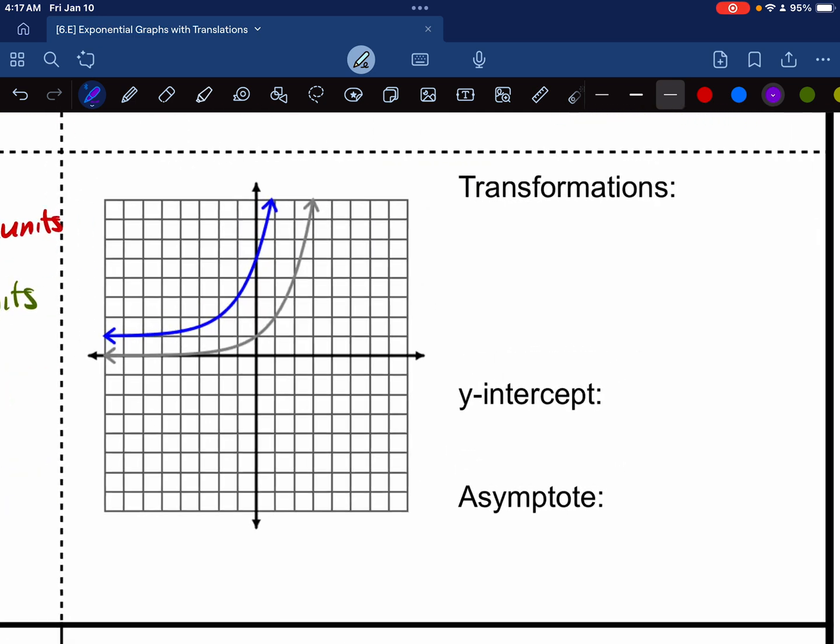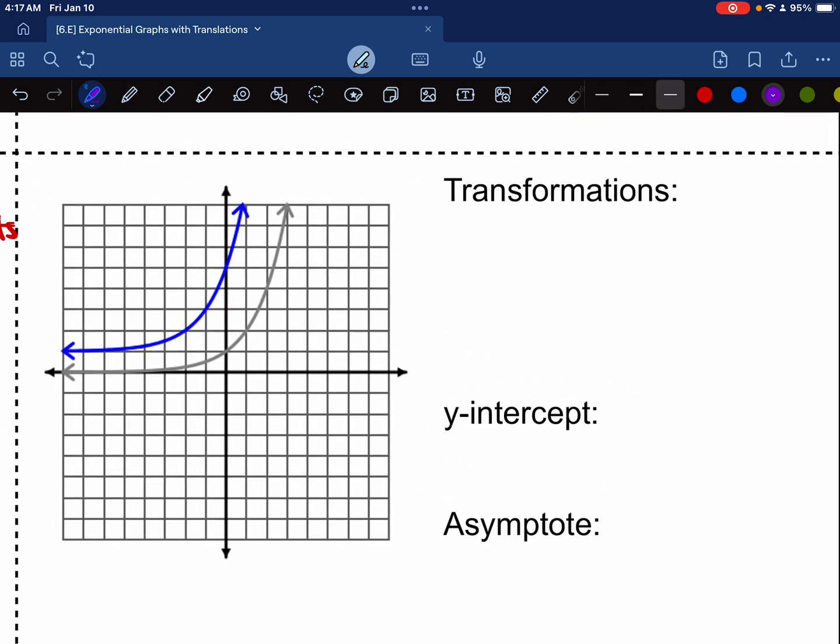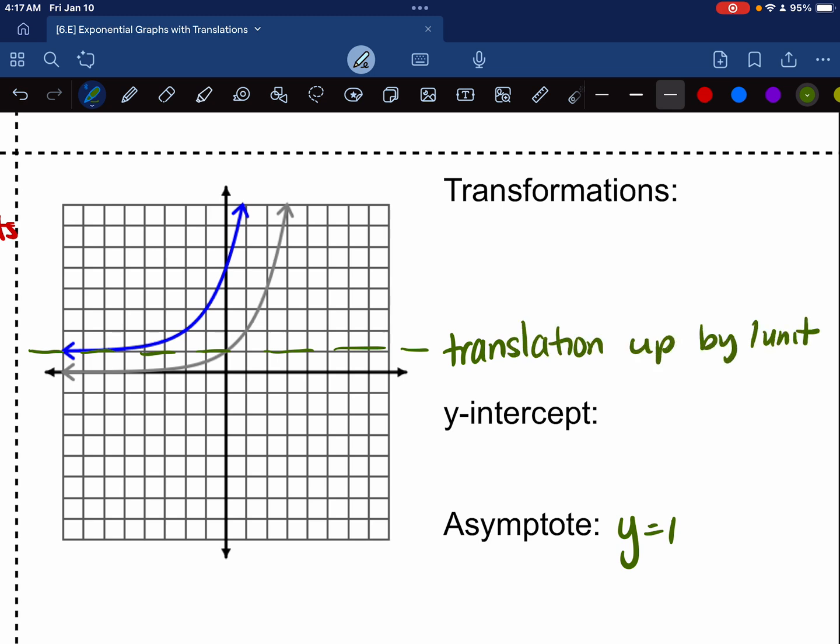All right, one more time. All right, so I like to start with the asymptotes. I find that's a lot easier. So on this one, it looks like the asymptote's at y equals 1. So that means there was a translation, or a slide, up by 1 unit. All right, the anchor points then, right? Because normally it's here.